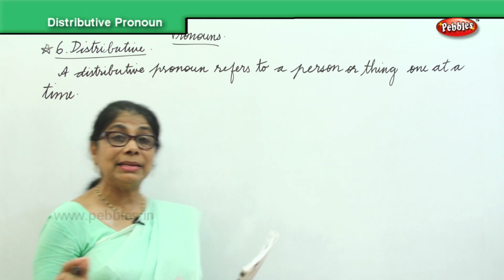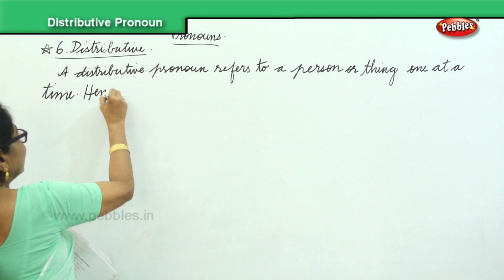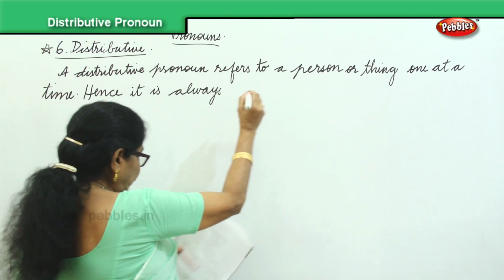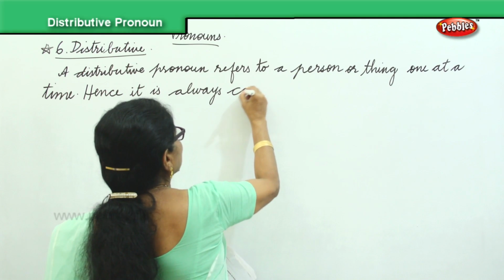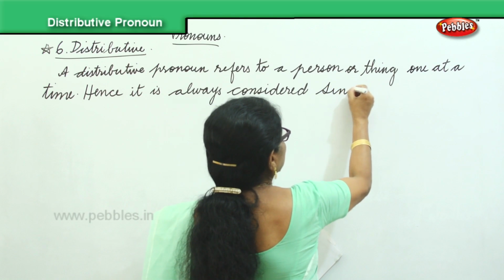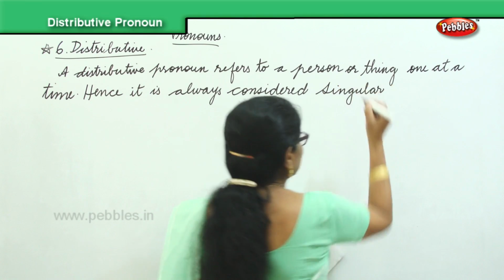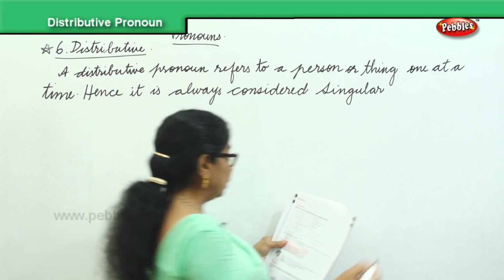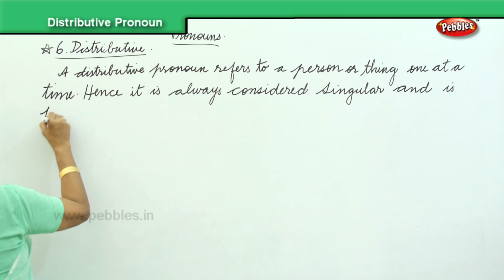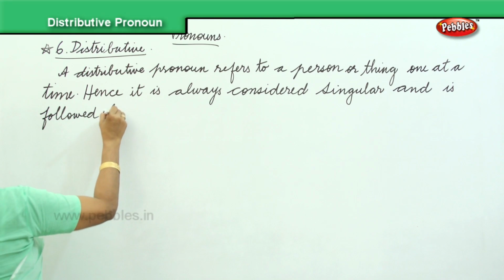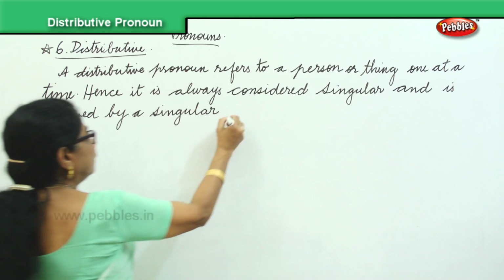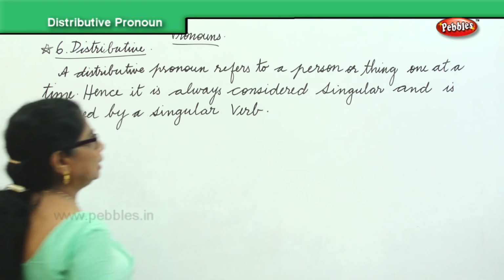Hence, it is always considered singular, and is followed by a singular verb. So anything one at a time.